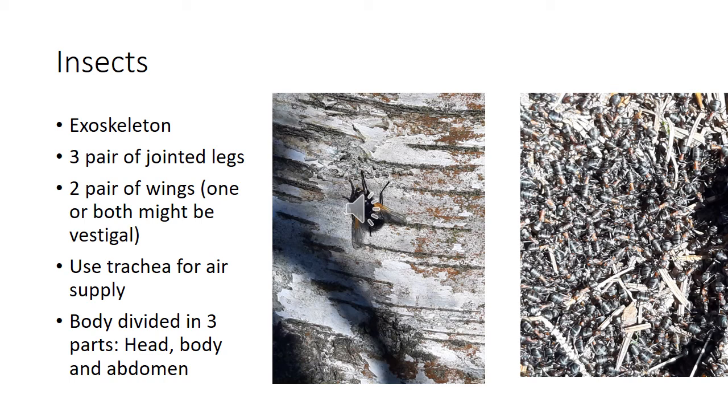I just chose two examples here close to my garden, of a fly and of ants. Insects have 3 pairs of jointed legs. They have 2 pairs of wings, although one or both of them might be reduced. They have trachea for air supply, and the body is divided into 3 parts: the head, the thorax, and the abdomen.